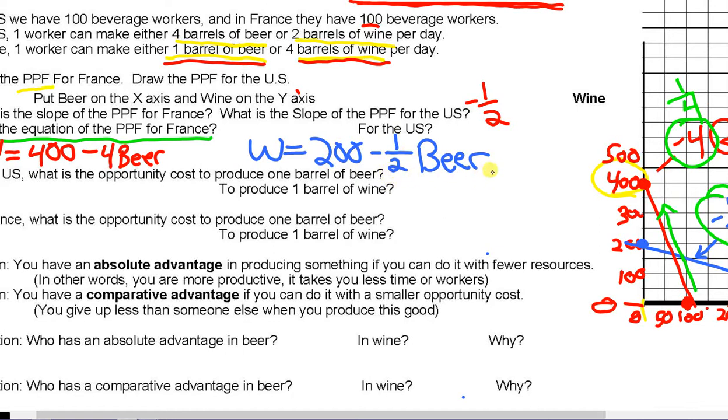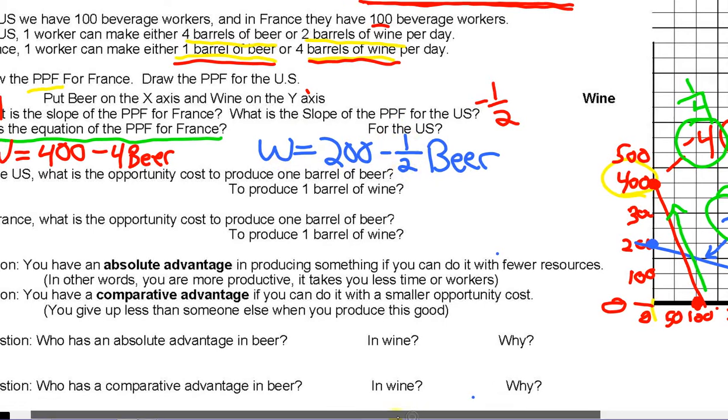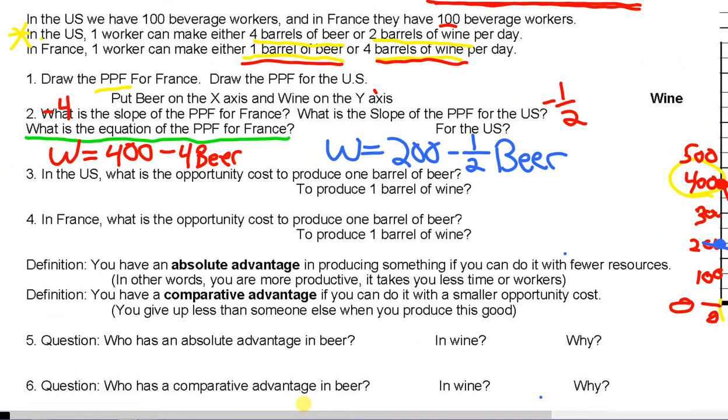If you want 1 more beer, if beer goes up by 1, the amount of wine has to go down by 1/2. And we could solve this for an equation in terms of beer, and that's where the reciprocal cost comes in. So, in question 3 here, in the U.S., what's the opportunity cost to produce a barrel of beer?